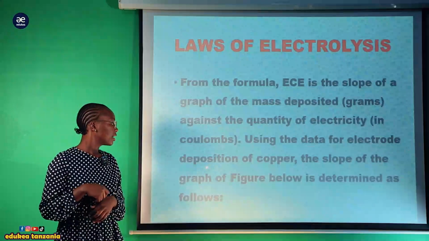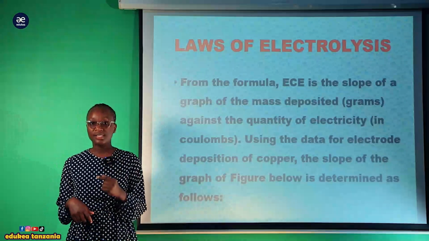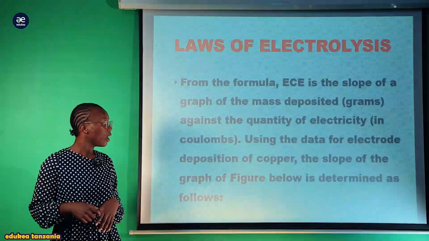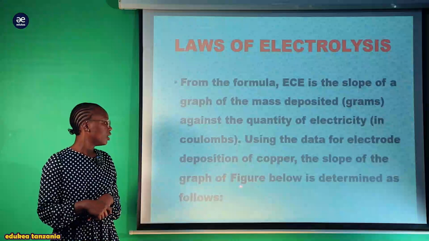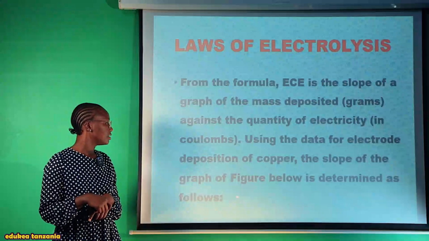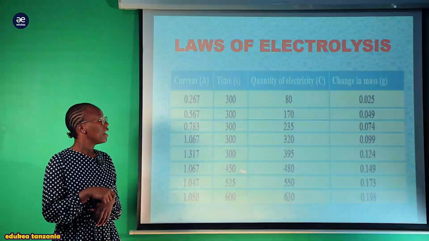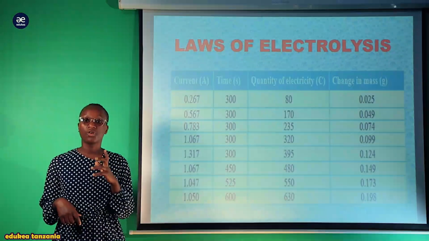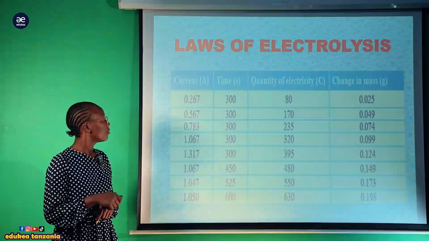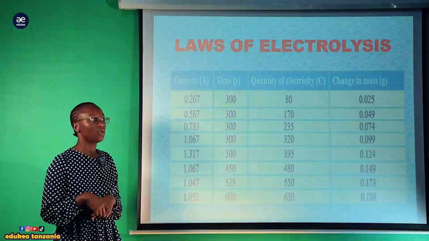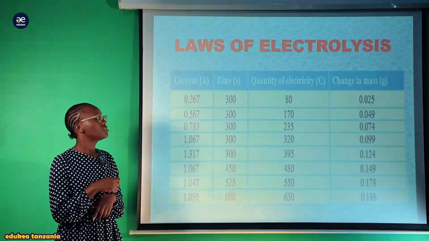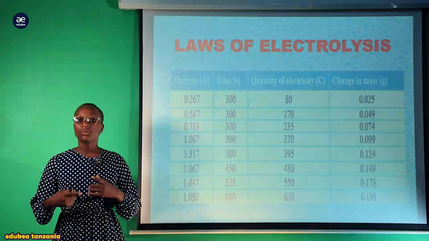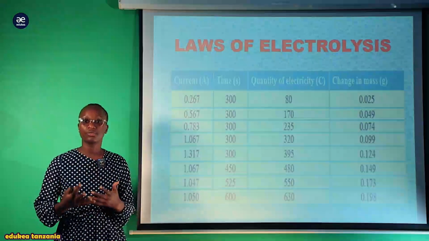Using the data from electrode deposition of copper. Now, let us use the data of the deposition of copper electrode, whereby the slope of the graph in the figure below is determined as follows. From this data of the deposition of copper electrode, it shows the current, which is denoted by ampere, the SI unit, but also we have time, how long it took for the electric current quantity to be produced.